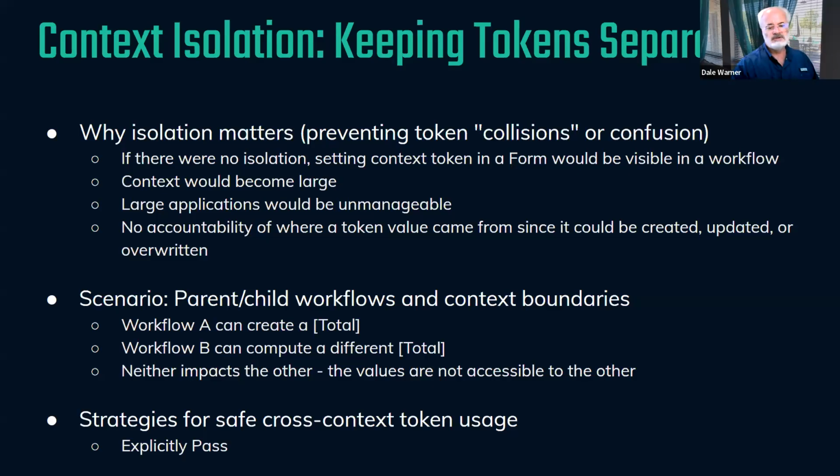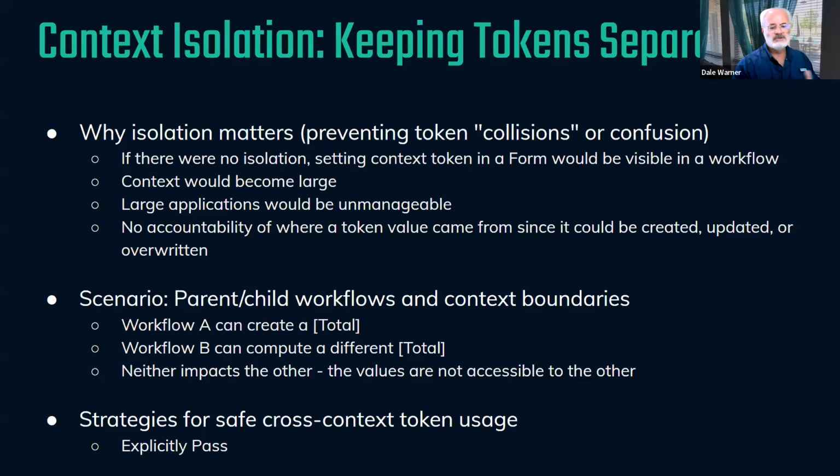You'd end up with this big stack of variables, and you don't really know which item contributed it, or why it has the value it has. It would be very, very hard to debug, and it could become very confusing. So this isolation takes care of that confusion. You can count on when a context gets created and when it gets destroyed.